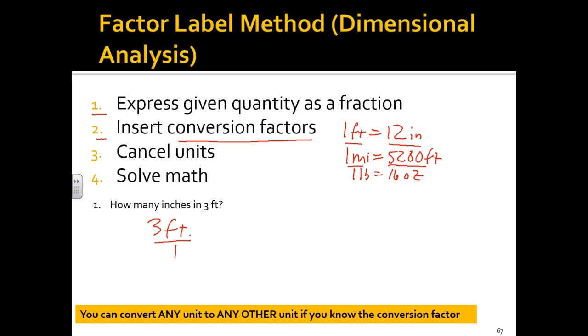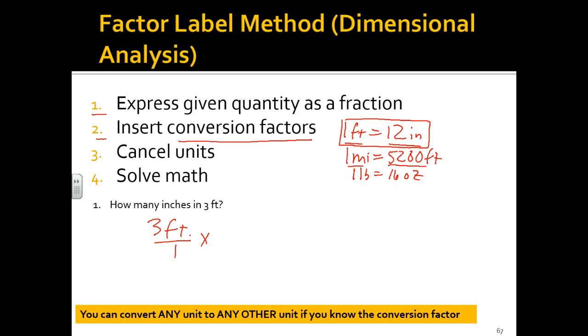Okay, so this is really, really important. In order for it to be a valid conversion factor, the two quantities have to be exactly equal, okay? So our conversion factor in this case is 1 foot equals 12 inches. And so what we need to do is insert that, and we have a choice. We need to express it as a fraction.